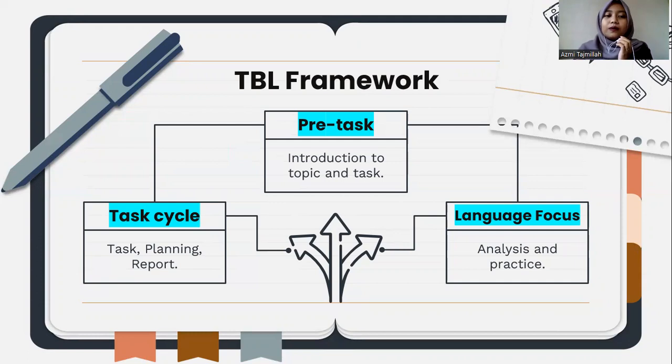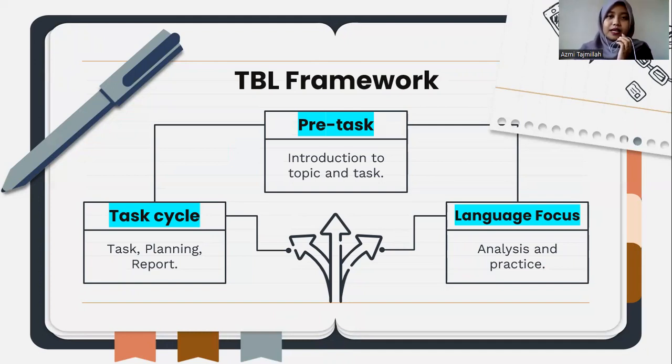So in this stage, the teacher would give the real question to students, and then the teacher asks them to pair work or small group, and the teacher would monitor from the back row and see from a distance, and usually the students would make a plan after their discussion.